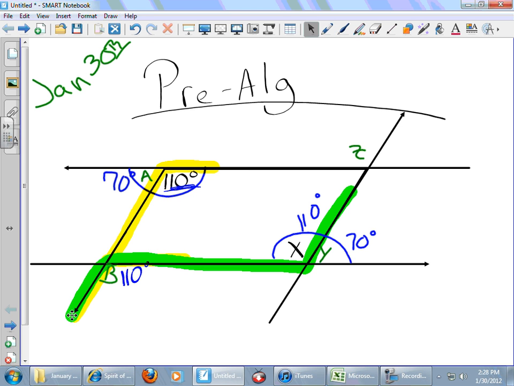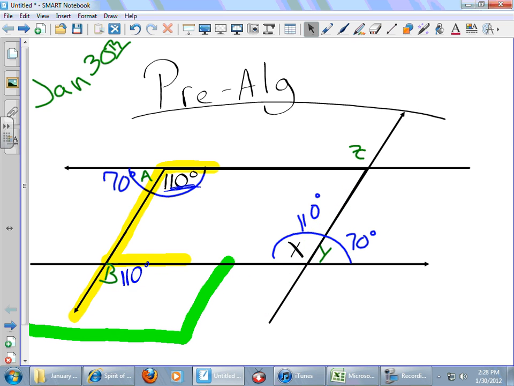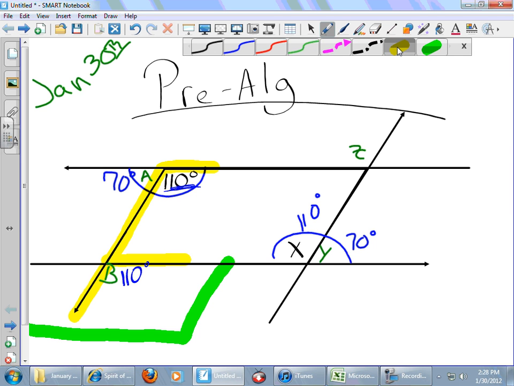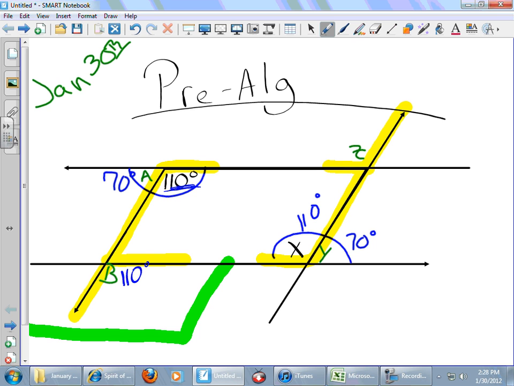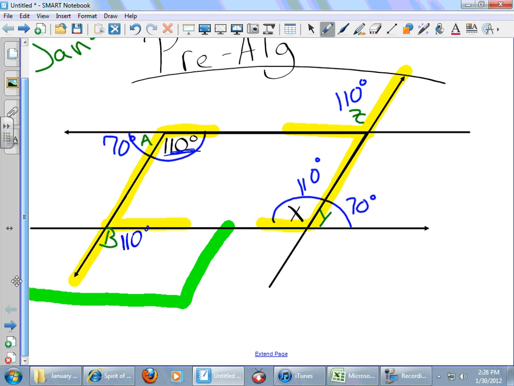Now, that being said, I can get rid of these, and I'll trace another F here. Another corresponding angle. X and Z are corresponding. So if X is 110, Z is 110, right? Okay, now that's pretty easy to do. Hey, check this out here.